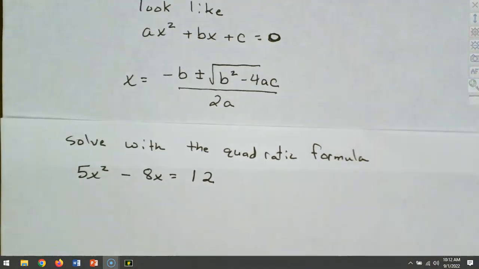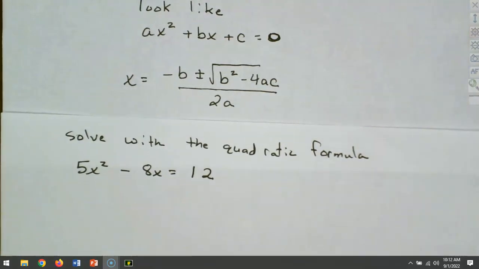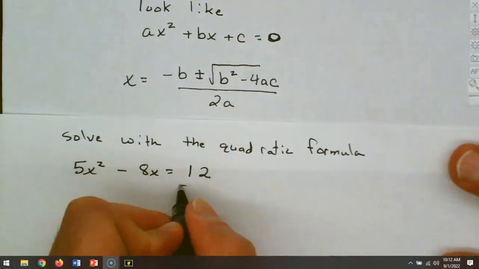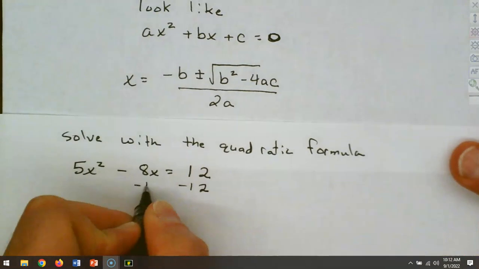So we've decided what method we're going to use. We're going to use the quadratic formula. And to use the quadratic formula, it needs to be set to 0. So that's our first step, is move that 12 over.